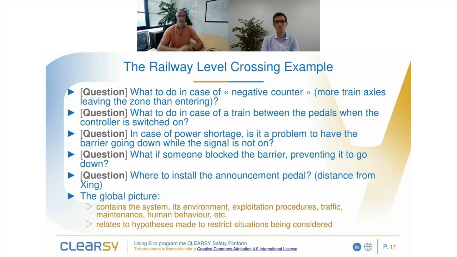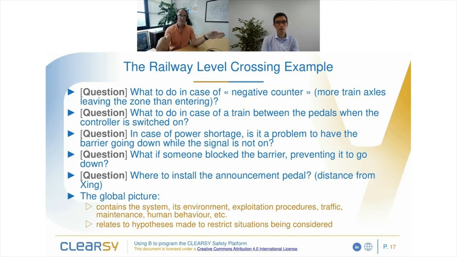In case of power shortage, is it a problem to have a barrier going down while the signal is not on? What if someone blocks the barrier, preventing it from going down? And where to install the announcement pedal: the distance between the announcement pedal and the crossing is quite important. If it's too close, the barriers do not have enough time to go down and the drivers to leave the zone.